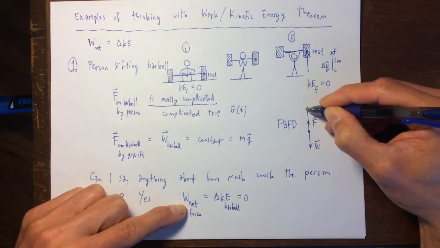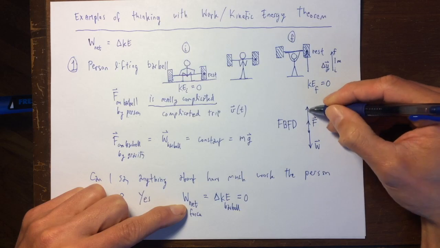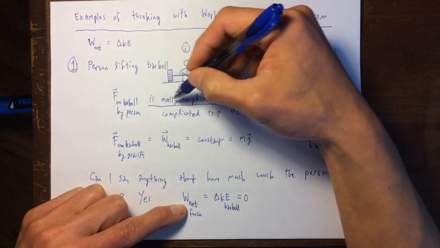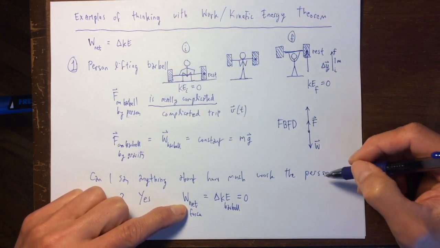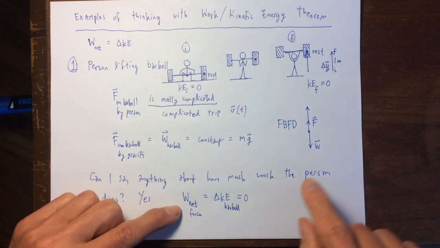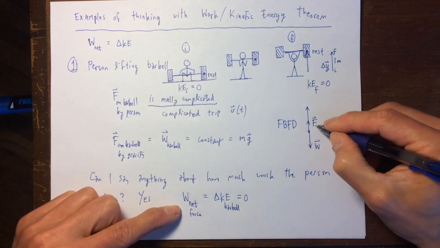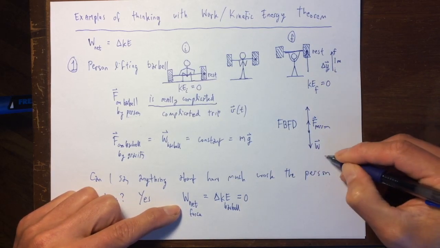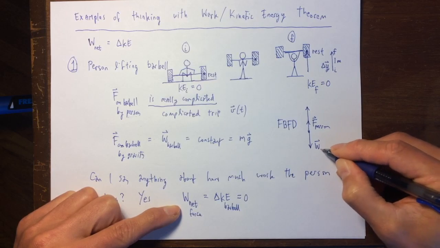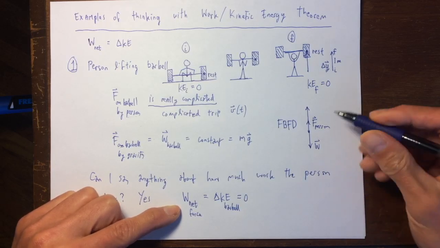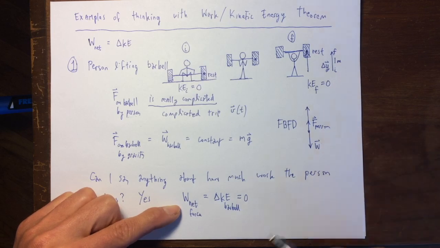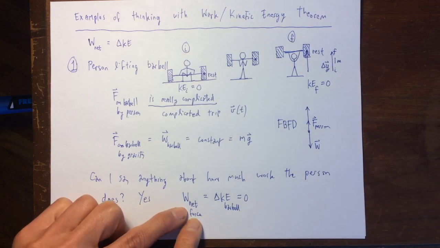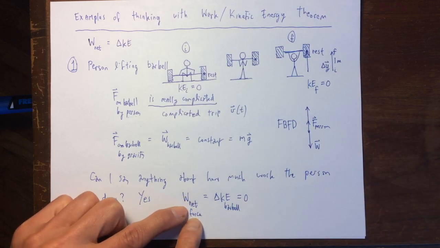Sometimes the force applied by the person is a lot bigger than the weight. Problem is it's really complicated, but the weight force is always the same value. But the point is the force by the person, and this is the force associated with gravity. These two things must have netted up to do no work at all.